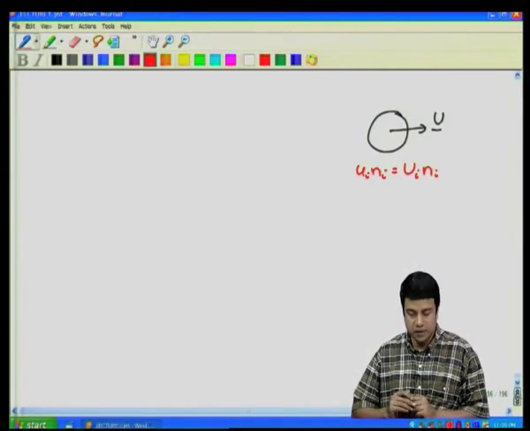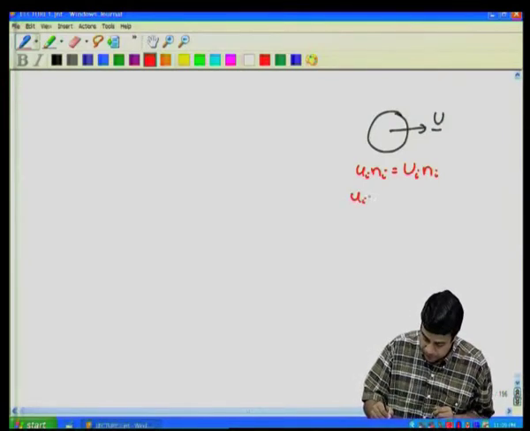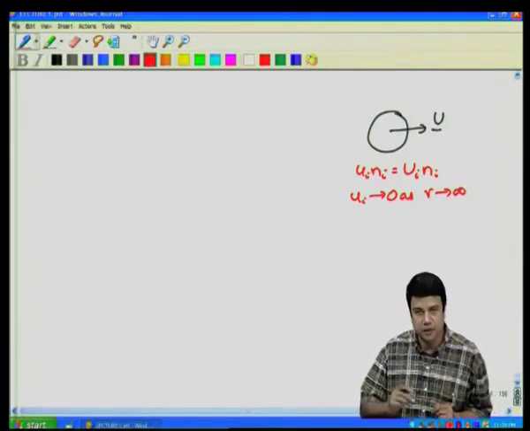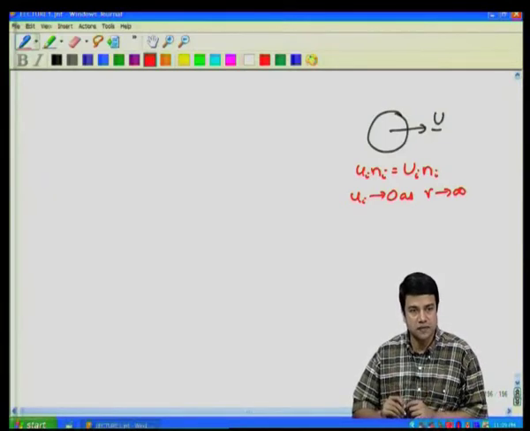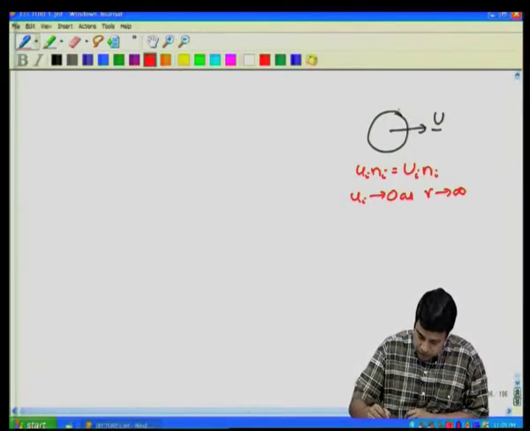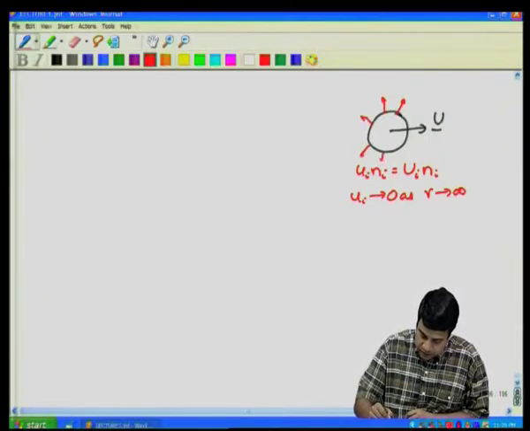And of course, we require that u goes to 0 as the distance goes to infinity. As the distance from the surface of the sphere becomes larger and larger, since the sphere is moving in a quiescent fluid, we require that the velocity goes to 0 as r goes to infinity. And this is the local unit normal at each point in the surface.